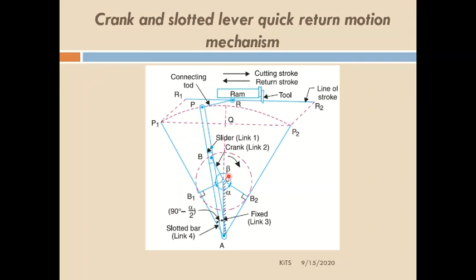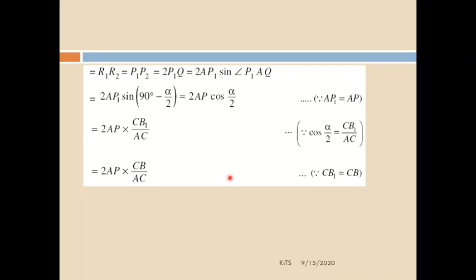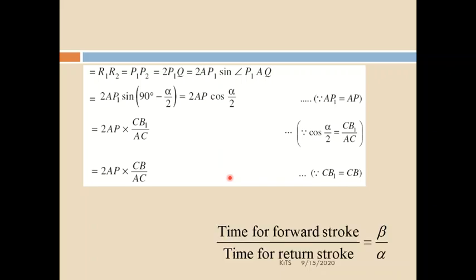In the previous case, beta is the cutting stroke angle, but here in this case, crank and slotted lever quick return mechanism, beta is the return stroke angle. I'll show you some animation so you can easily understand it. So beta by alpha, time for return stroke to time for forward stroke, the ratio of forward and reverse stroke. So that could be understood by the angle beta by alpha.